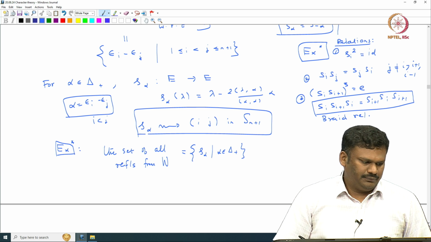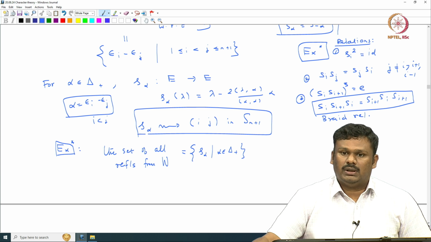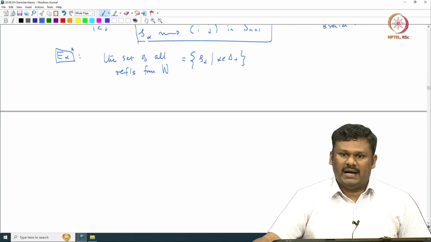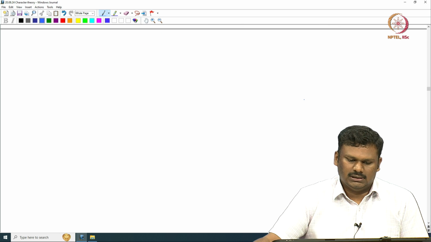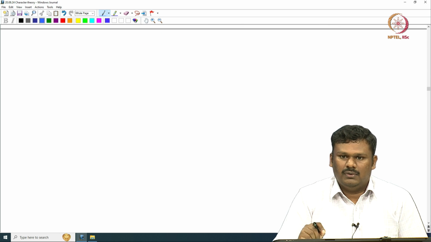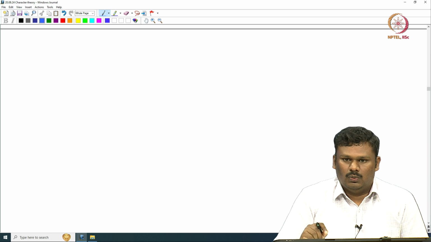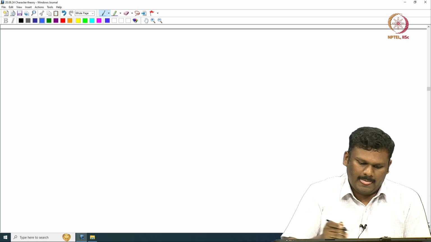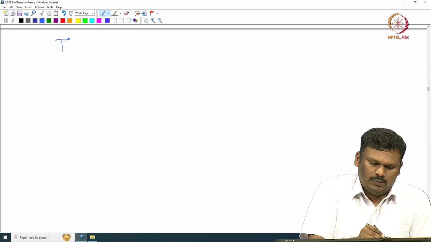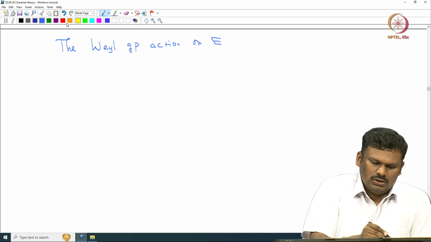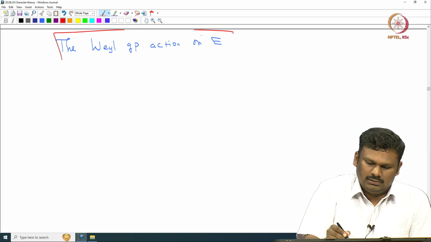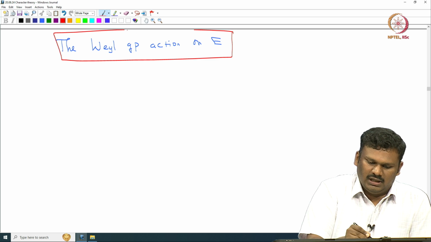So, now we actually try to understand the Weyl group action on the Euclidean space. For that we need to understand how it is acting on what are called chambers. So, the Weyl group action on E is something very interesting.